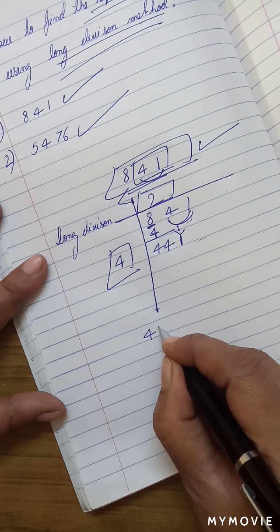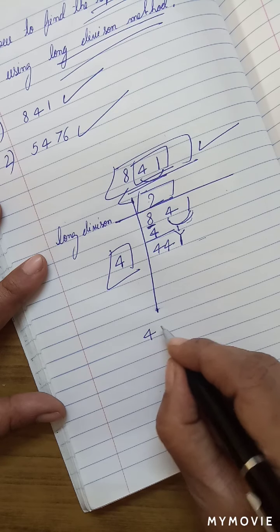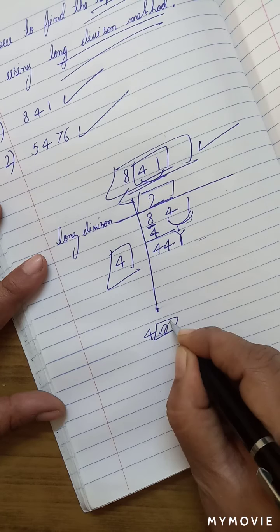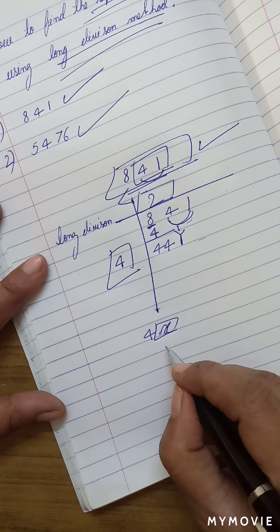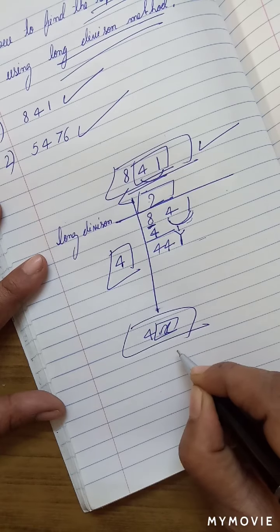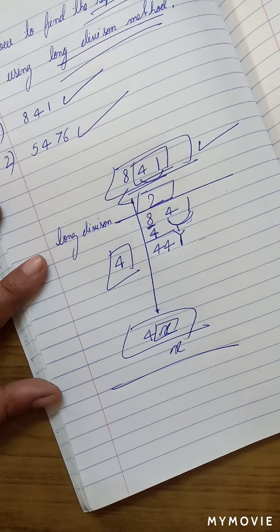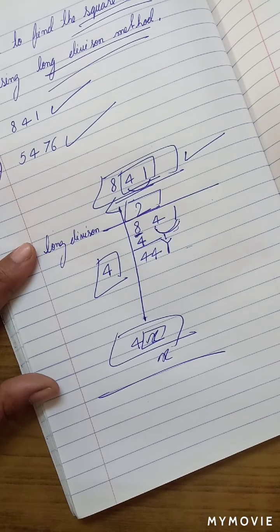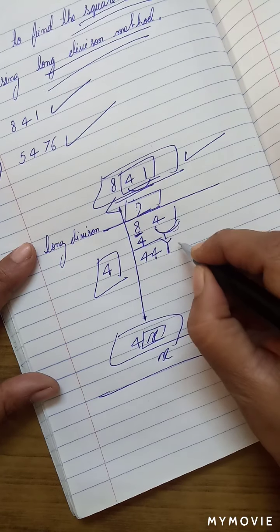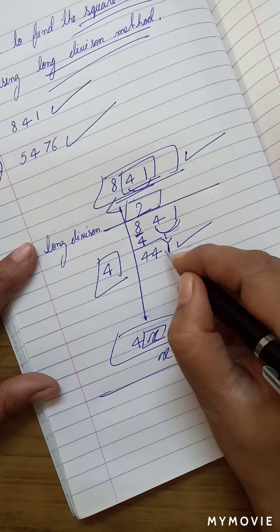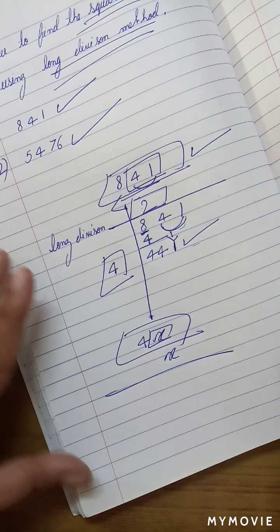We will concatenate a number, let's say x, and we will multiply this entire number with x. The point is we should be able to get this number or any number which is close to this.